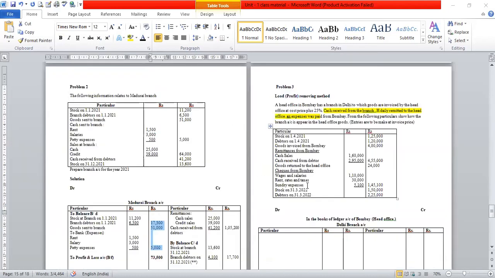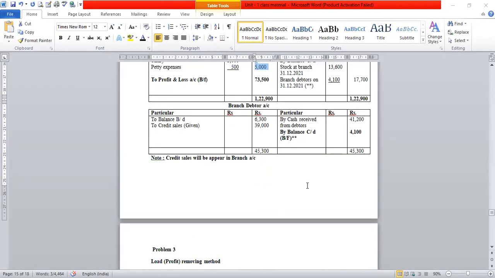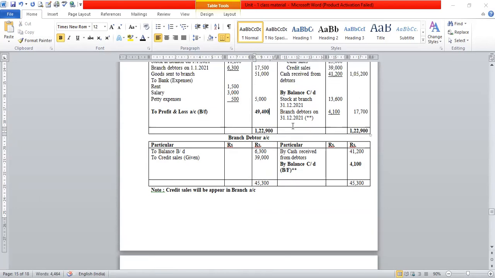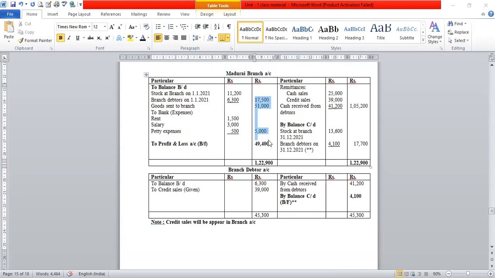So the balancing figure will be 49,400. This is the balance figure, not 73 or 74 like that. We add these three and subtract from the total balance. So the remaining comes to 49,400. This is our profit and loss. Any doubts?